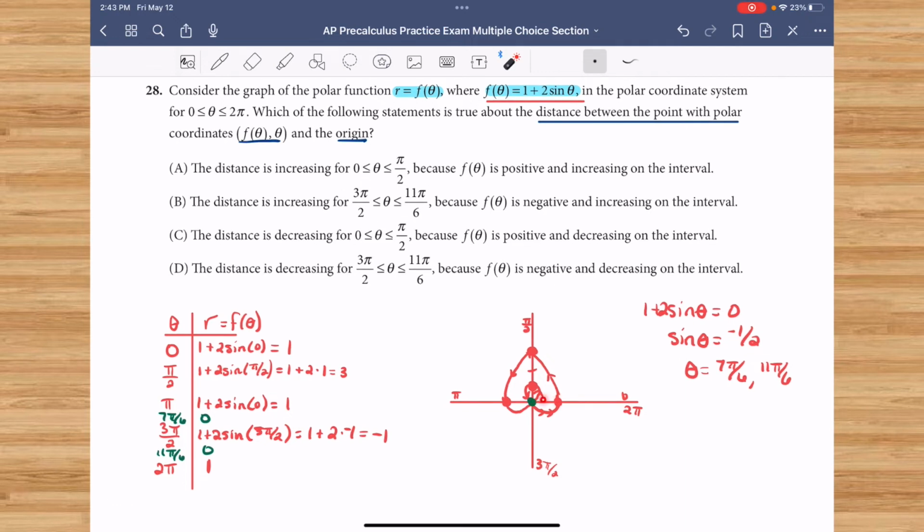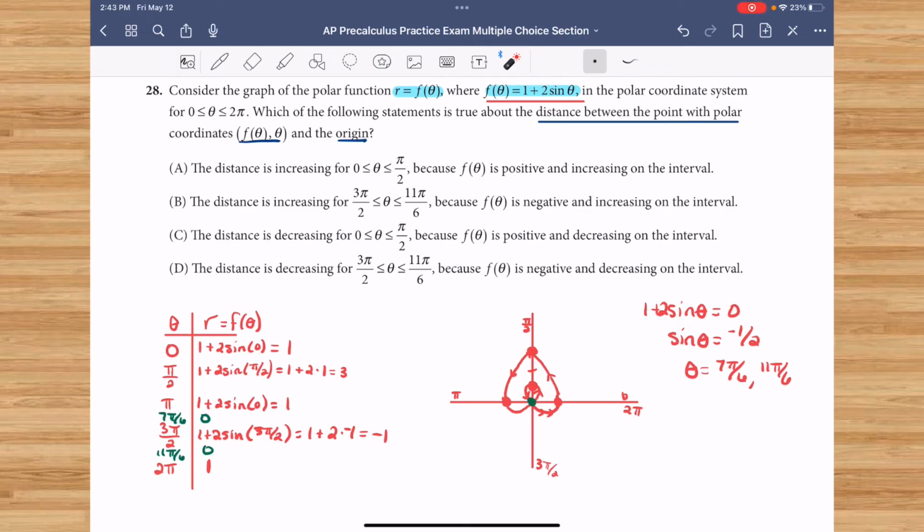So my first radius, my first distance, is from 0 to 1. And then this distance increases until I get from 0 to 3. So that's a distance there of 0 to 3. So we have positive radiuses, or positive f of theta, and we are increasing. So I think A is going to be my true statement.